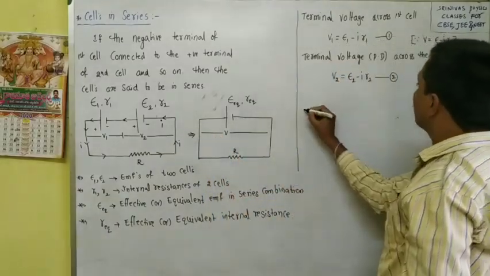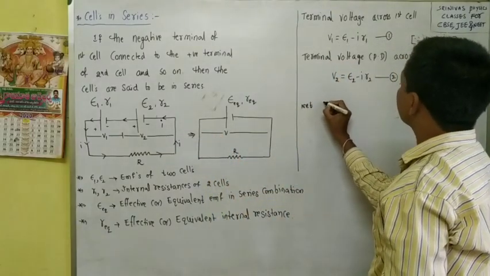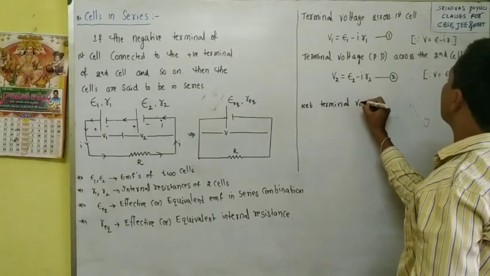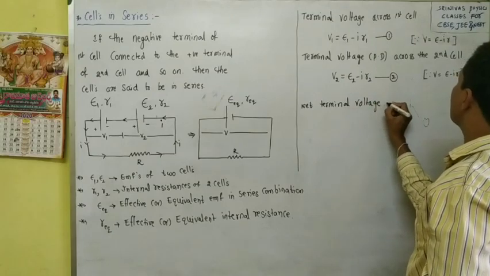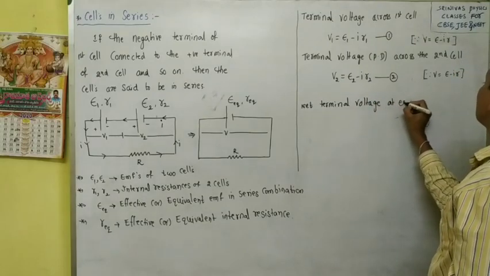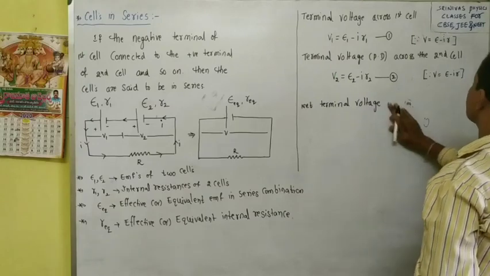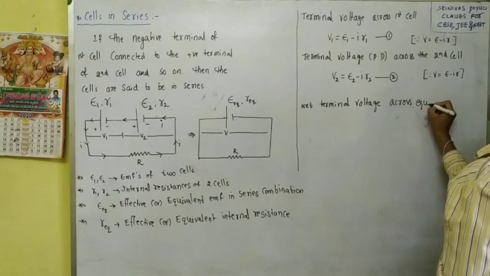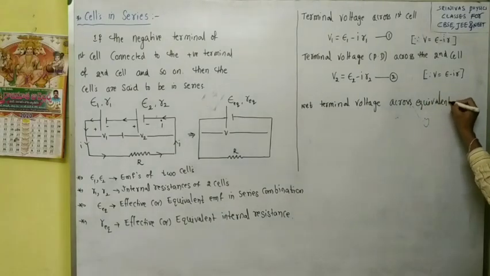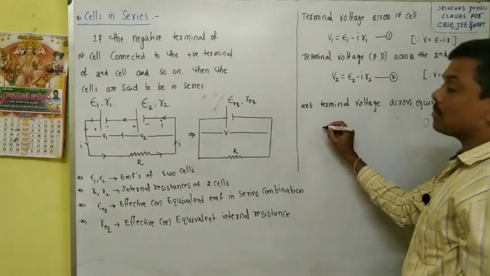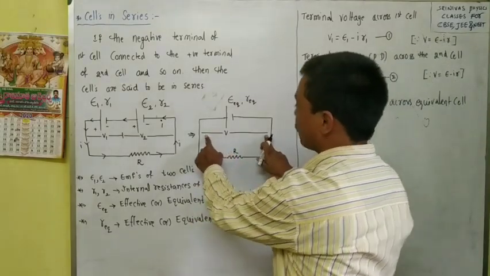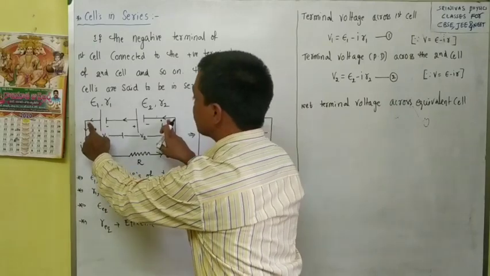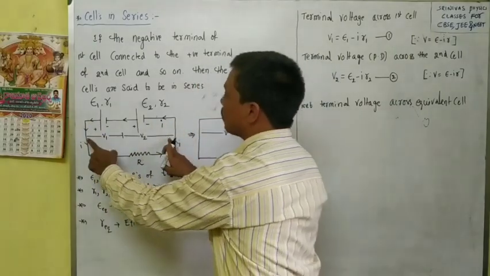Next, if these two cells act as one cell, the net terminal voltage across the equivalent cell is V. If two cells act as one cell, then the total voltage is V1 plus V2.